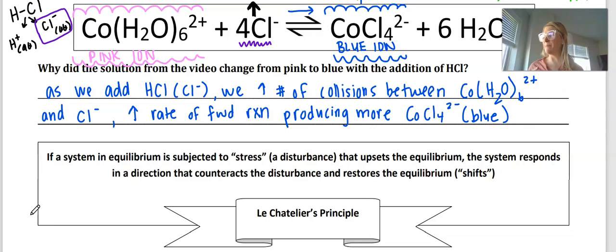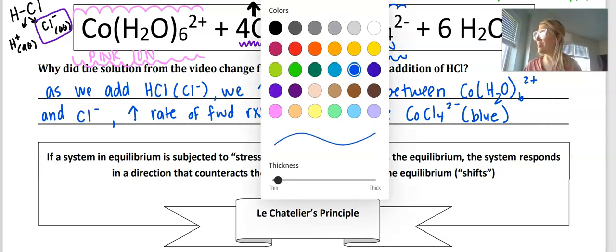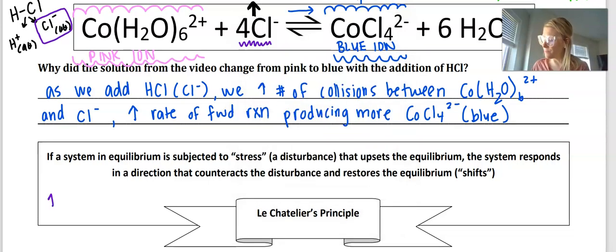So in the example we just saw, we added to our reactant side, and it caused the forward reaction to increase in its rate. Okay, when we have an increase in the forward reaction, we call that a shift to the right.